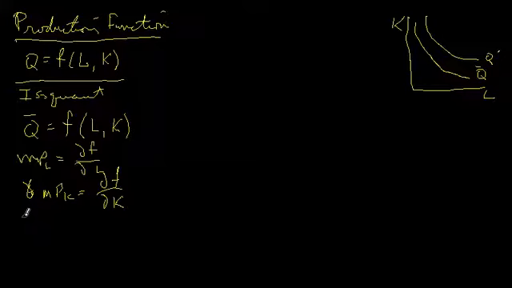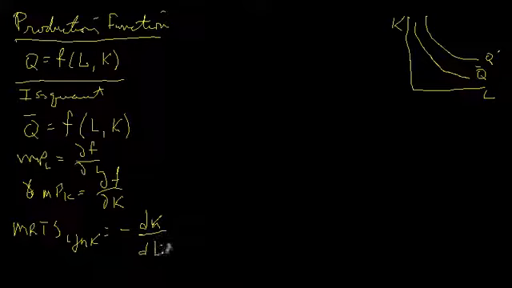Now we want to define something called the marginal rate of technical substitution. In this case, it's the marginal rate of technical substitution of L for K, labor for capital, and that's usually defined this way: minus the differential of K divided by the differential of L, given that there is no change in output, that is dq is equal to 0.